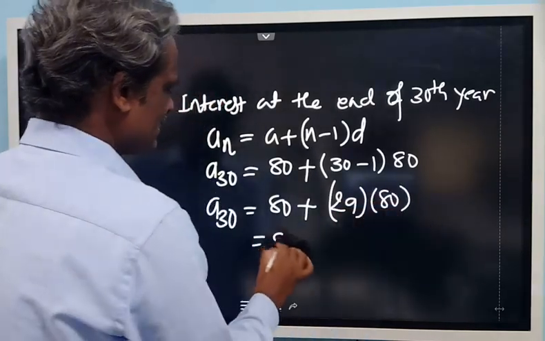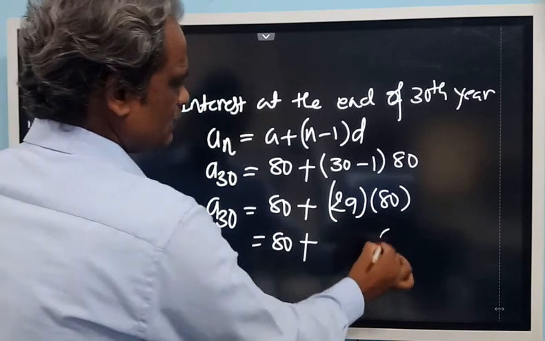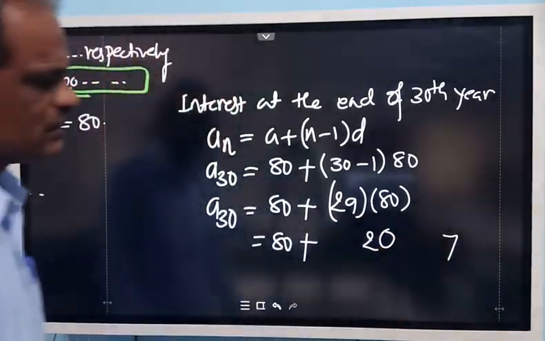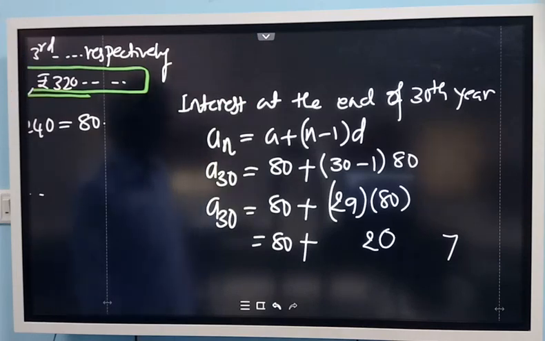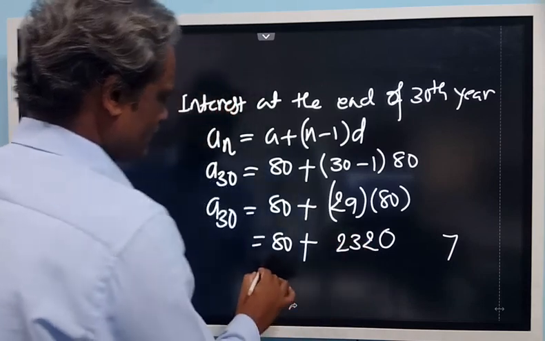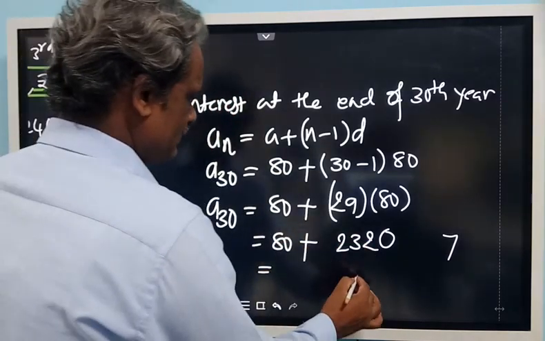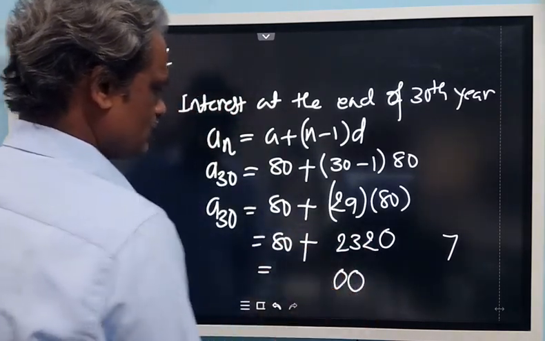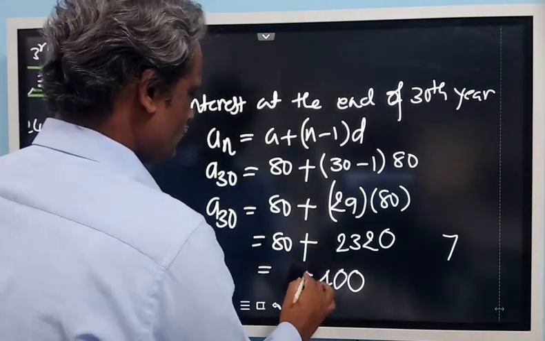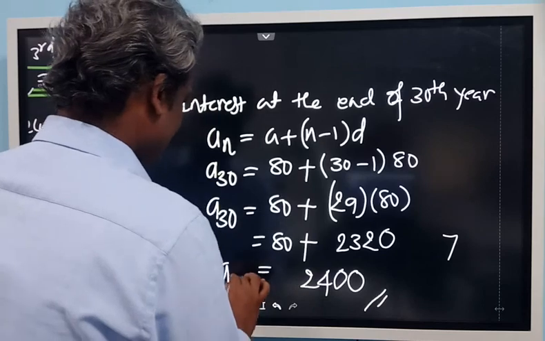So let us simplify this one. 80, 0, 8 9s are 72, 7, 16 plus 7, 23. So therefore add them. 0, 0, 3 plus 1, 4, 2400. a30.